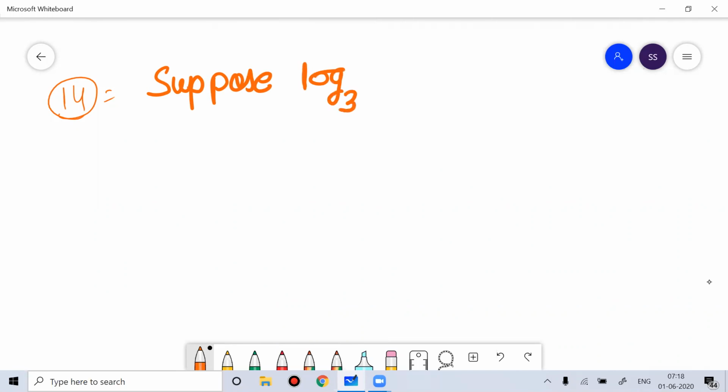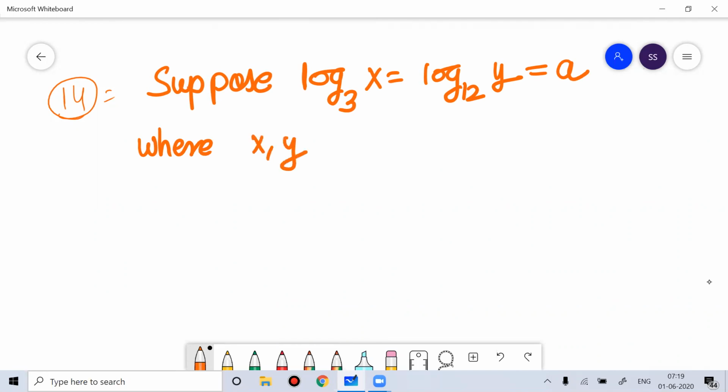Suppose log base 3 of x is equal to log base 12 of y is equal to a, where x and y are positive numbers.